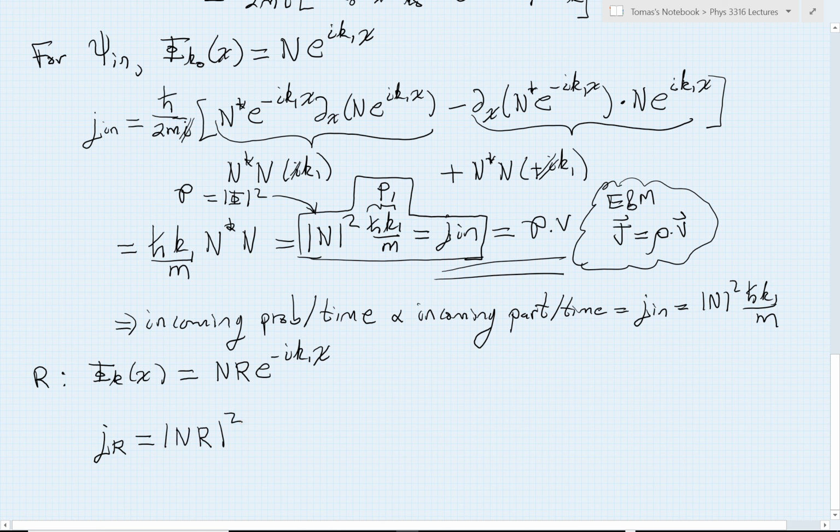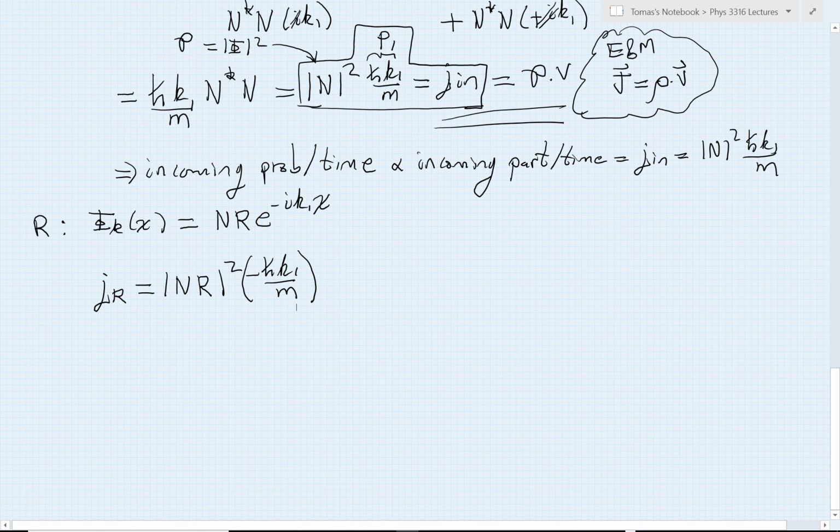And then I should multiply by my velocity, which is the same velocity I had before, but of course these particles are moving in the backward direction, so I would get minus h bar k1 over m as a factor. The other way to see this is just to look at the mathematics. If I just replace n with n times r and k with minus k in my final result from before, I would get this result. It would be the same thing.